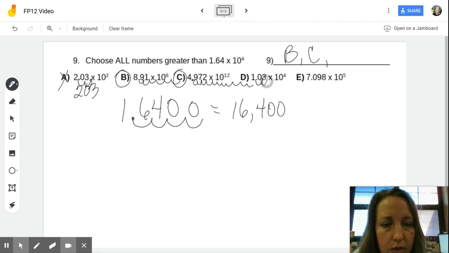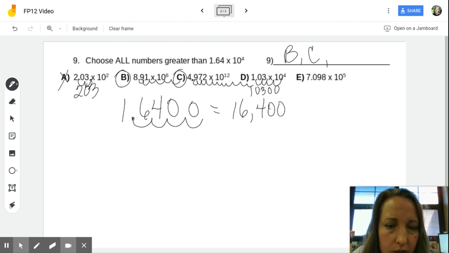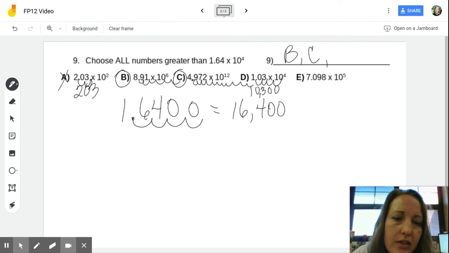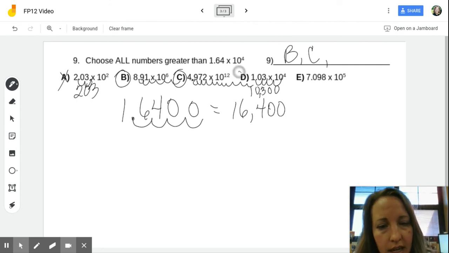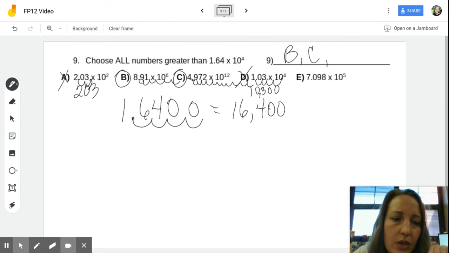1, 2, 3, 4. This one might be close, so I'm going to go ahead and write it out. 10,300. 10,300 is not greater than 16,400.